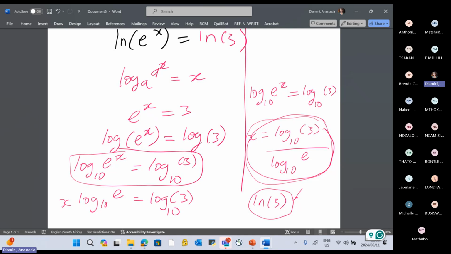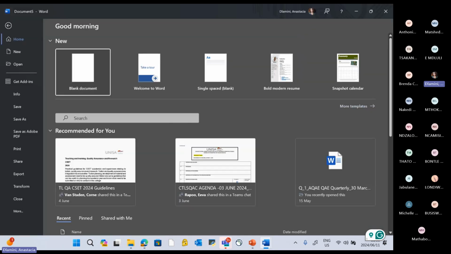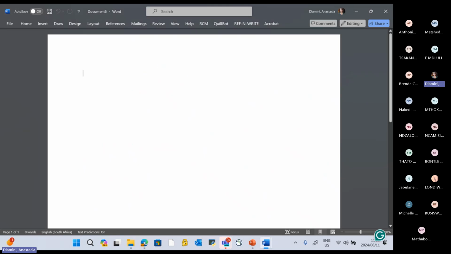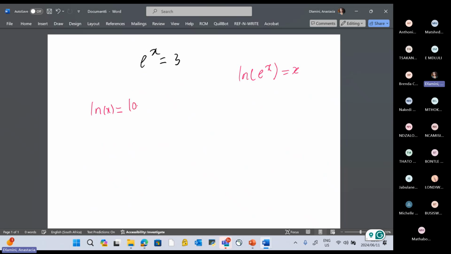So now I'm answering the question that was asked: why did we use ln? The reason why we used ln is because if we have e to the power of x equals 3, we know that the ln of e to the power of x is just equal to x. Why is that so? Because we know that ln of x is the same as the log of x base e.